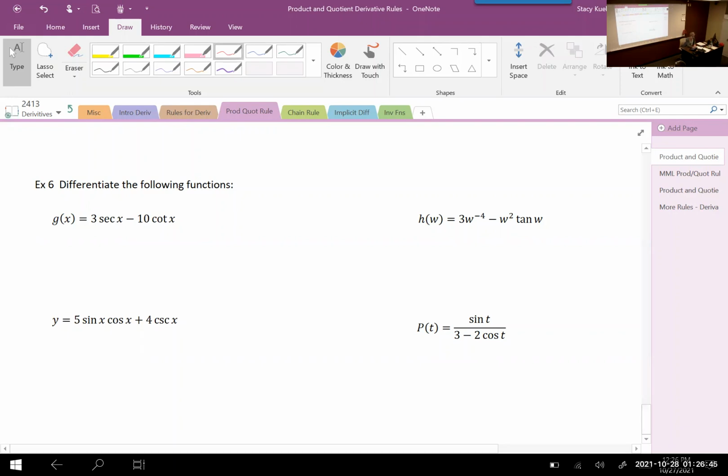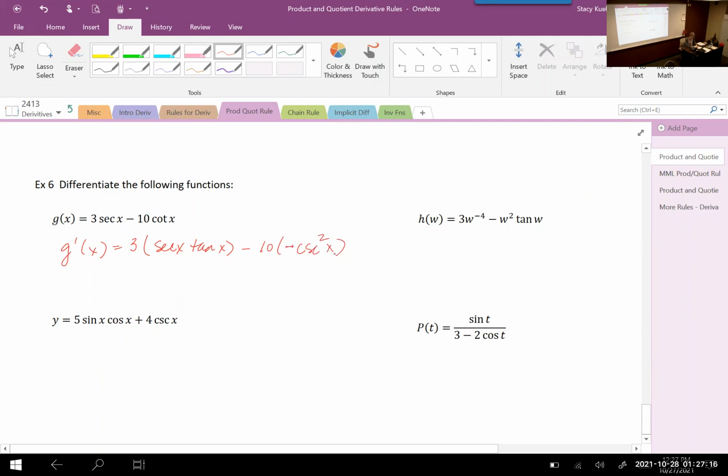All right, so if I wanted to know what the derivative is of 3 secant x minus 10 cotangent x, this is a straightforward sum or difference derivative, right? I don't have any multiplication or division going on. So g prime is going to be 3 times the derivative of secant, which is secant tan x, minus 10 times the derivative of cotangent, which is negative cosecant squared x.